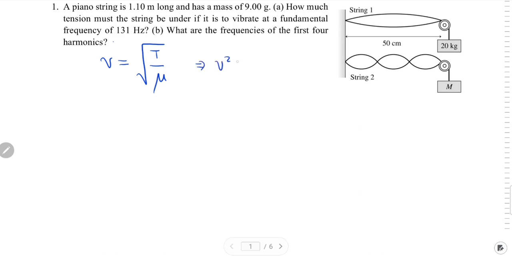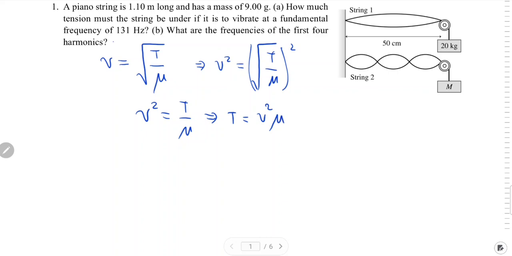So V squared equals T over mu, and that gives us T equals V squared times mu. So in order to find tension, we need the square of velocity and mu.